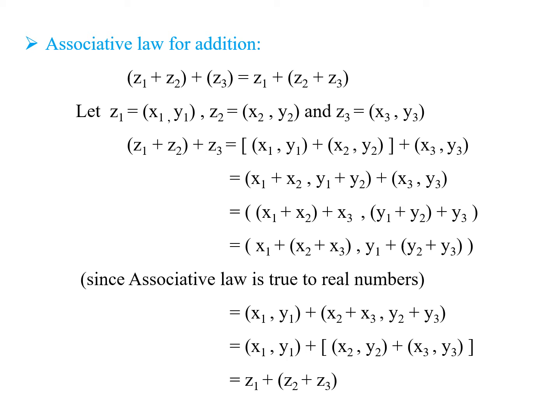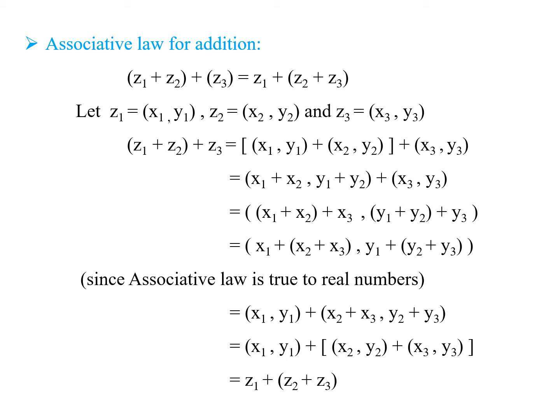So like that we take z1 plus z2 plus z3, that is, we take one group, z1 plus z2, and z3 is separate, and we know the sum of two complex numbers is again a complex number, and we can write that as x1 plus x2 comma y1 plus y2, and the third one is x3 comma y3. So now the first part and second part, we take real parts, x1 plus x2 plus x3, and y1 plus y2 plus y3.